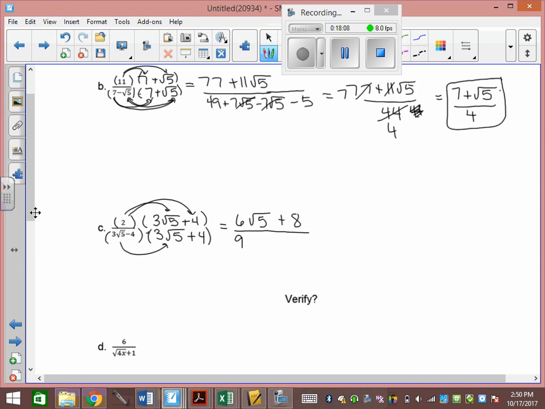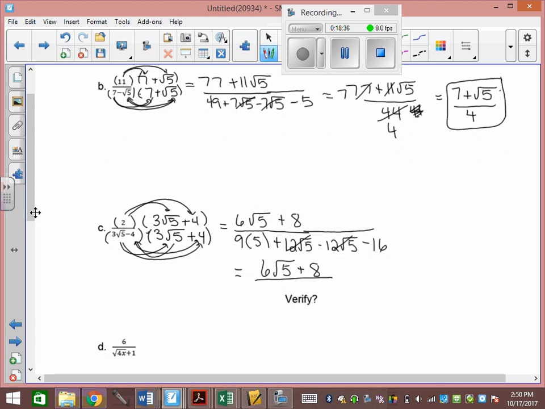And root 5 times root 5 is 5, and you multiply them. And then 3 root 5 times 4 is positive 12 root 5. Minus 12 root 5. And then negative 4 times 4 is minus 16. So I'm left with 6 root 5 plus 8 all over 45 minus 16.